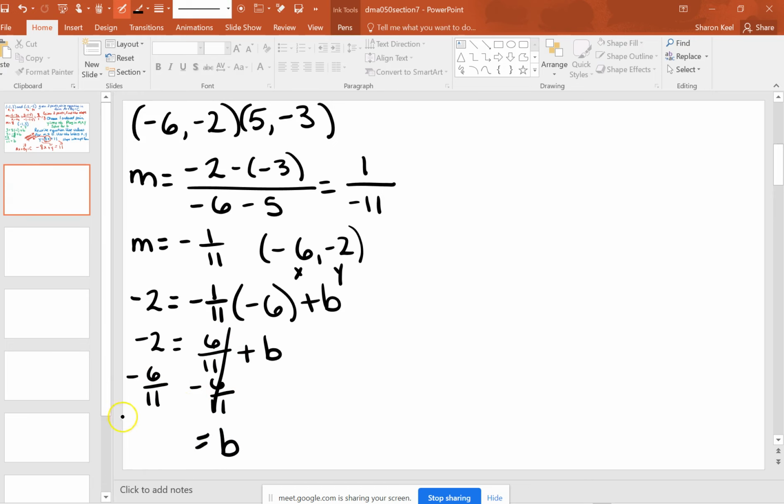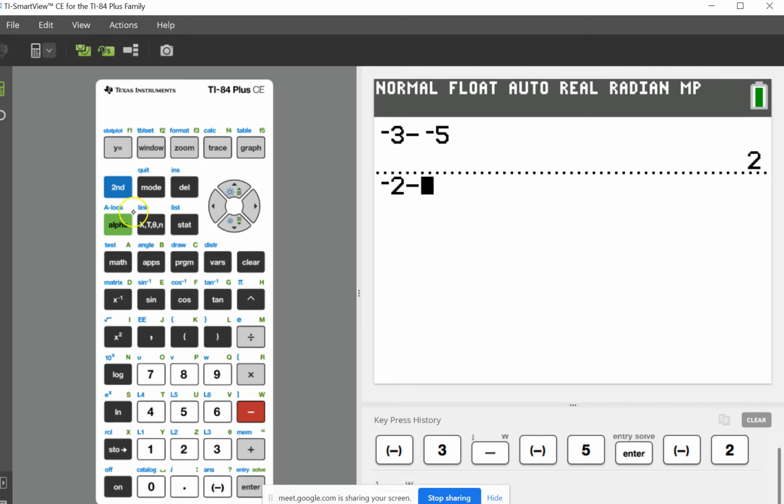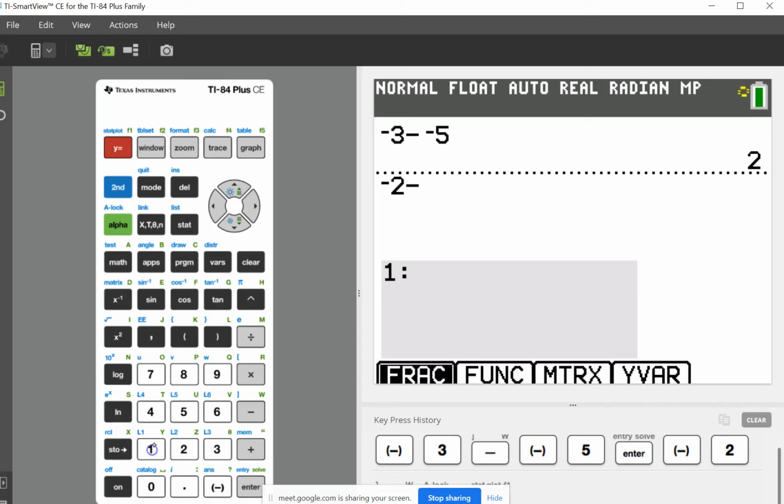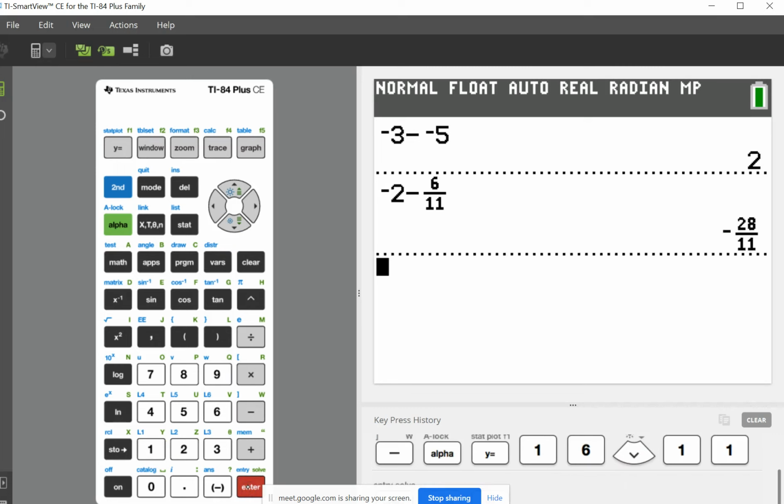B is equal to... now let's just use the calculator here. We do -2 minus our fraction, 6/11, and that gives us -28/11.